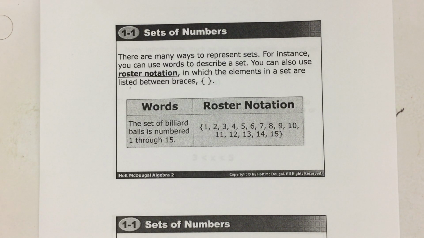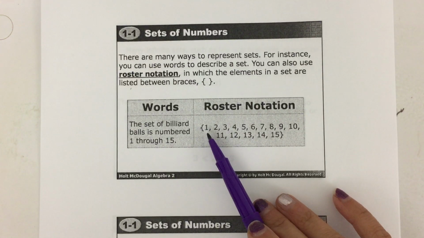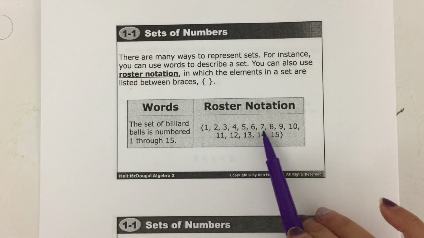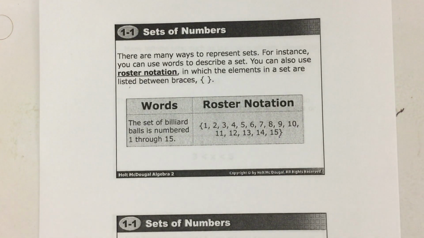It's your roster. So if I'm going roster notation, rather than just saying 1 through 15, they're going to list every single one. 1, 2, 3, 4, 5, 6, 7, 8, 9, 10, 11, 12, 13, 14, 15. Think of it as like a roster at a sporting event, or if you go to a play and you look at the program, they list everything.